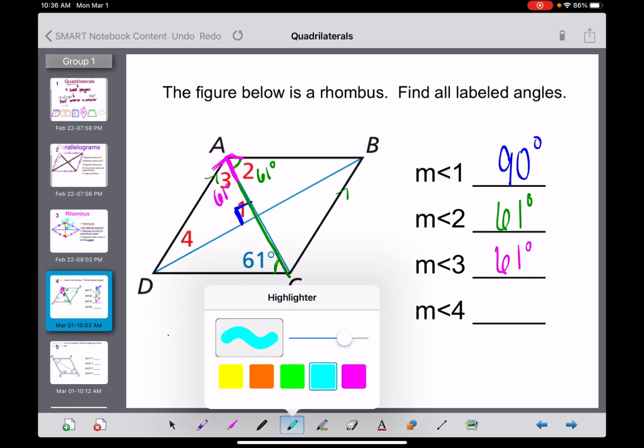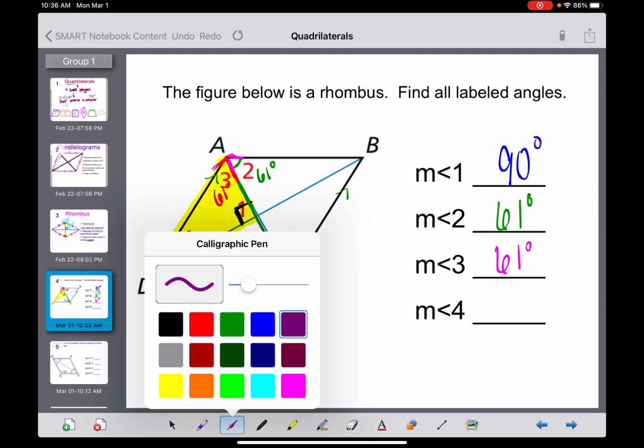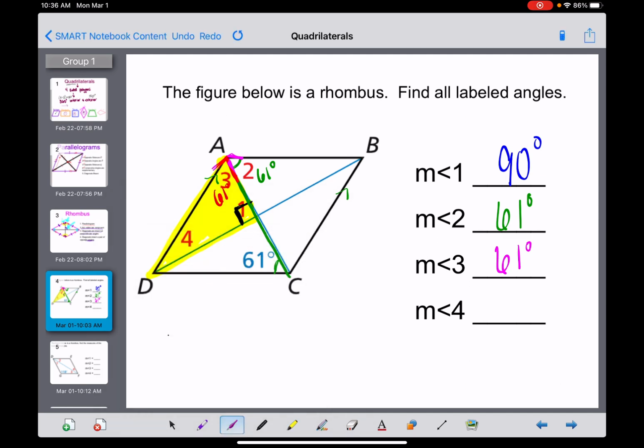And then finally, to find angle 4, if we focus in on this shape being a triangle, we know that a triangle is 180 degrees. So I know that angle 1 is 90. Angle 3 is 61. So if I add those two angles together, I have 151.